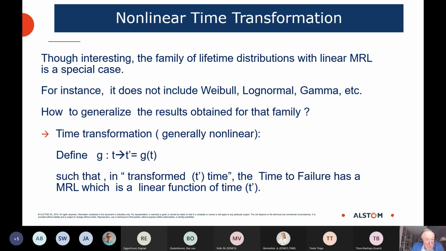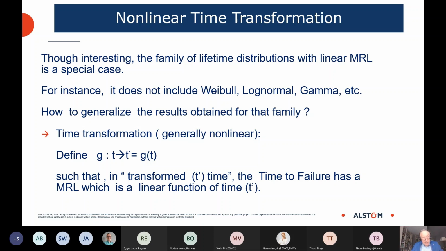So this G is a transformation which defines t prime as G of t. Okay. So we define the transformation of the time in such a way that in the transformed time, t prime, the time to failure has an MRL which is a linear function of the time t prime.